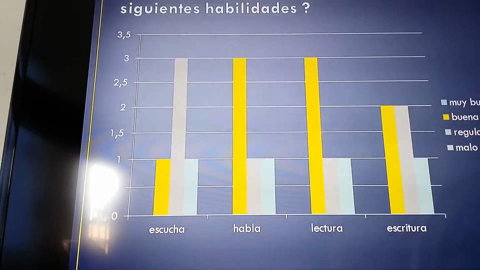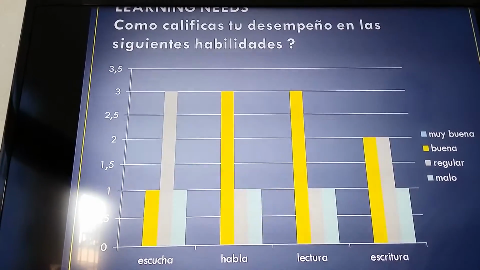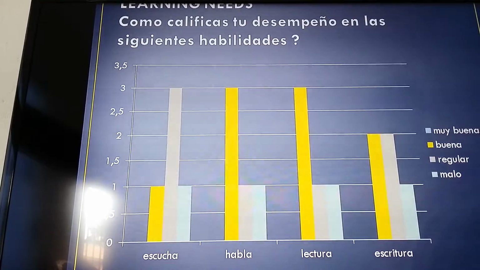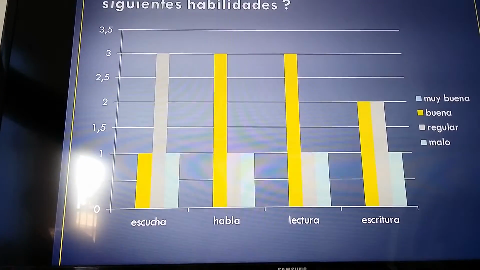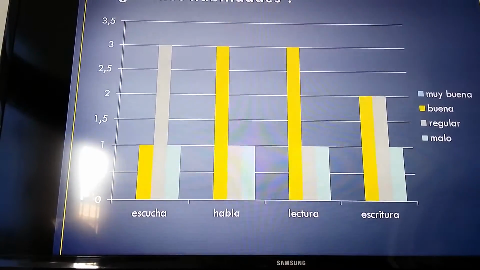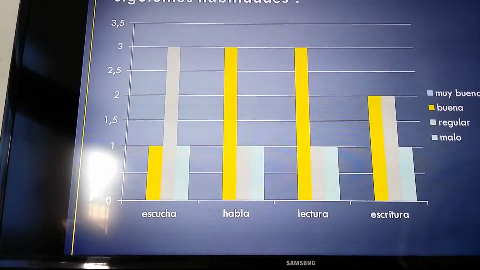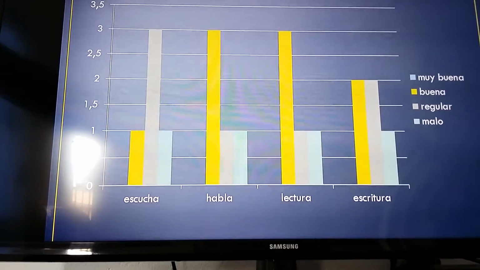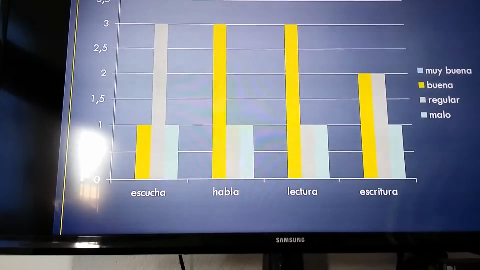Now in our needs analysis, one of the most important questions was ¿cómo clasificas tu desempeño en las siguientes habilidades? With this question, the aim was to discover the most important ability for the students and where they were, let's say, not such skillful.